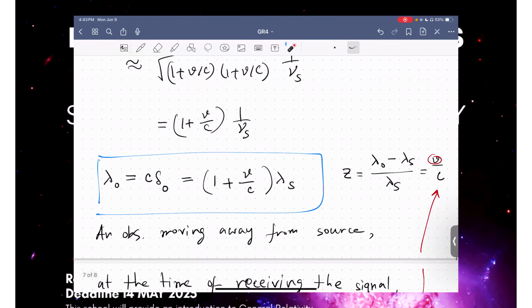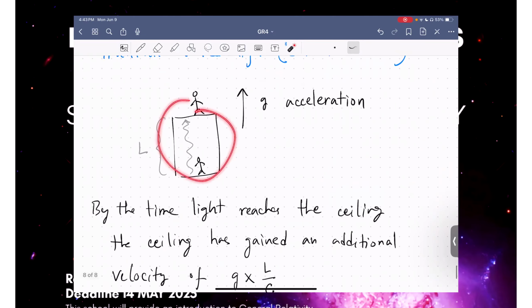Without knowing anything else, you can apply this formula, which tells you that if there is a relative velocity between the source and the observer, then there is a redshift by this amount. And it's not because the observer is moving away from the source, but because the observer is accelerating. When you say there's a relative velocity between the source and the observer, you really mean between the source at the emission of the light and the observer when the observer is observing the light.